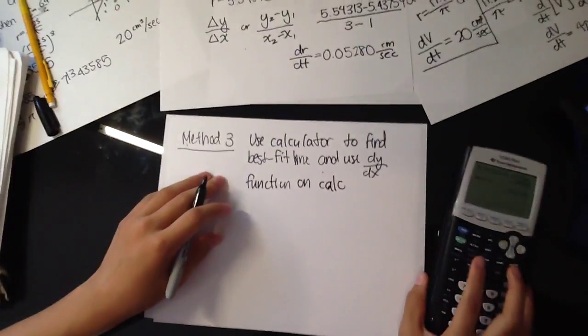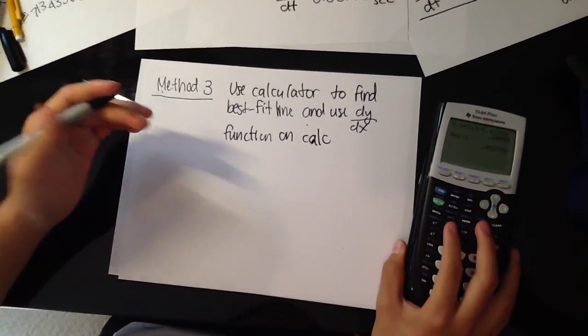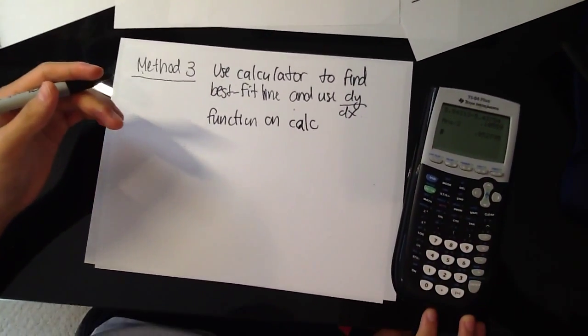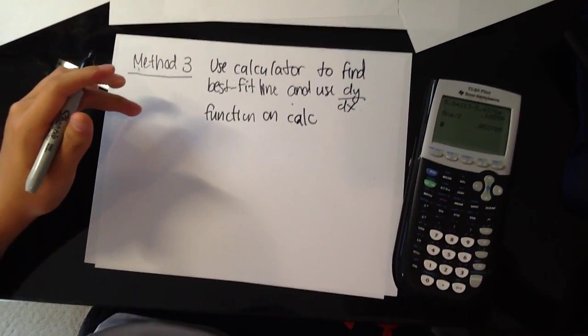Okay, so in order to get the best fit line, I decided to use 4 different values. Like I did in the previous method, I found the radii of the volumes, and then I found the best fit line in between them.